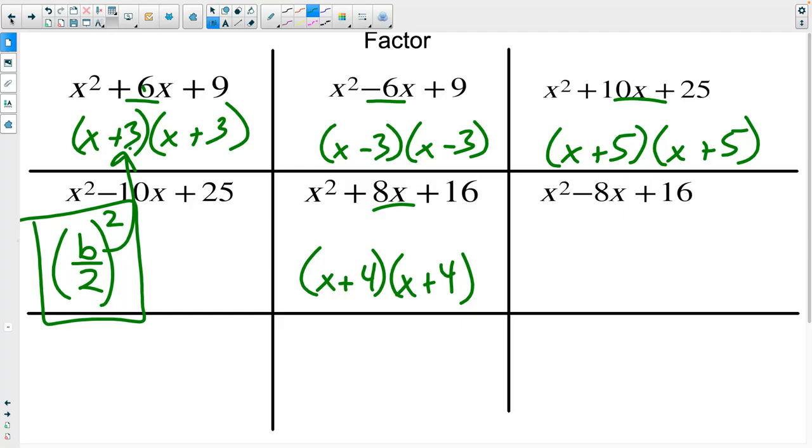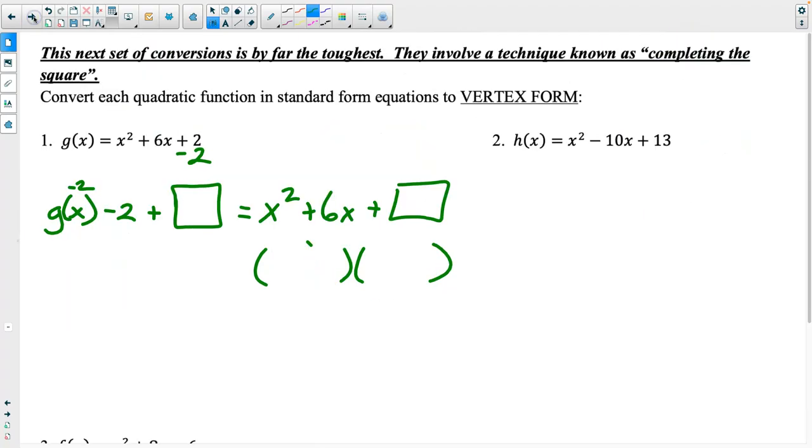So I can write it as x plus 3 squared, x minus 3 squared, x plus 5 squared, so on and so forth. So how you get this right here is by using that. So b is 6. So what's half of 6? 3. 3 squared is? 9. So I put 9 here, and I put 9 over there.